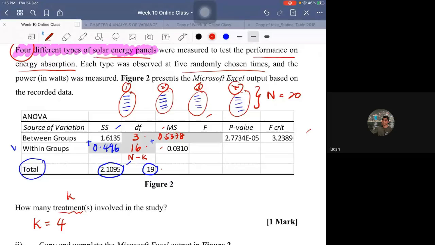What is the value of that? 17.3484. Okay, so your friend got a value of 17.3484. So that is going to be our test statistic value.